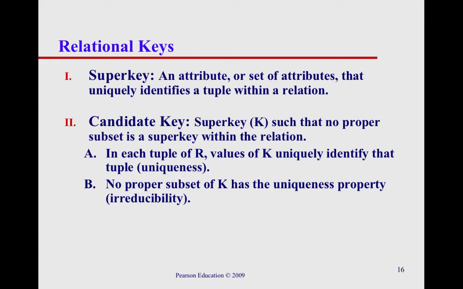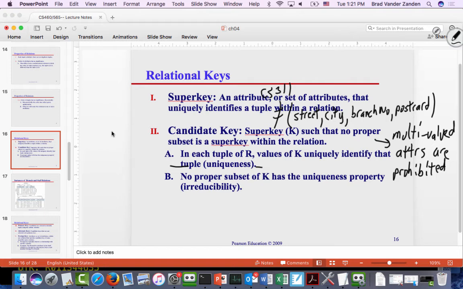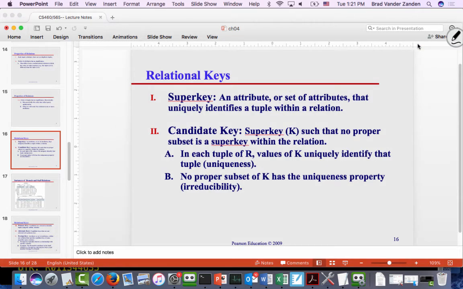So if we say that we have 3 attributes, A1, A2, and A3, if that is a candidate key, then no proper subset of that can uniquely identify every tuple. So it means that A1, A2 by themselves can't, A1, A3 can't, nor can A2, A3.